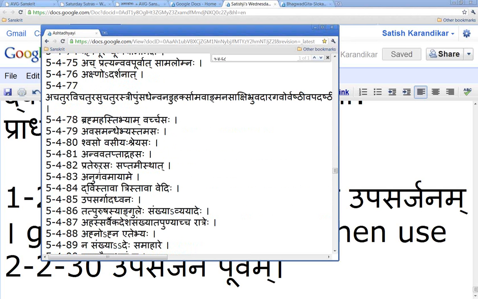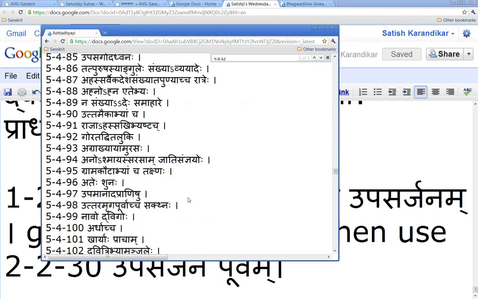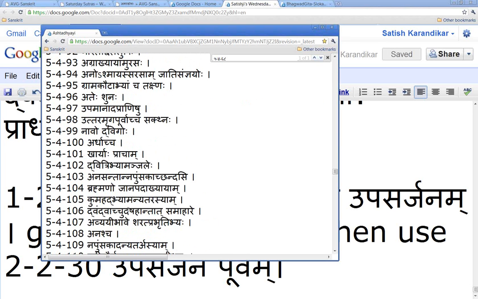So these prior ones are kind of general, unless the specific sutram says Bahuvrihau or Tatpurushat, but they are single rules. But then Panini starts 5.4.86. He says Tatpurushasya. So that will go from 5.4.86 up to 5.4.105. Tatpurushasya. 5.4.105.